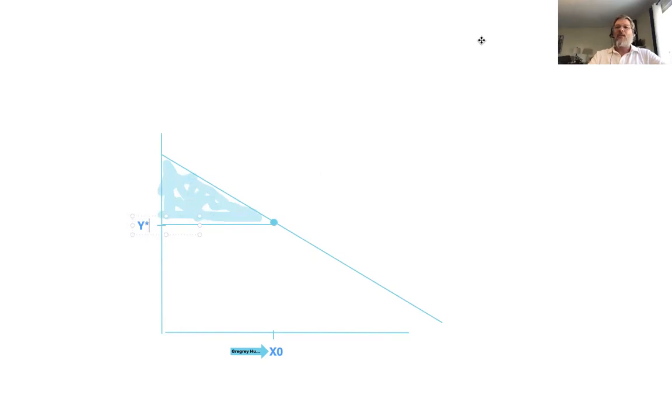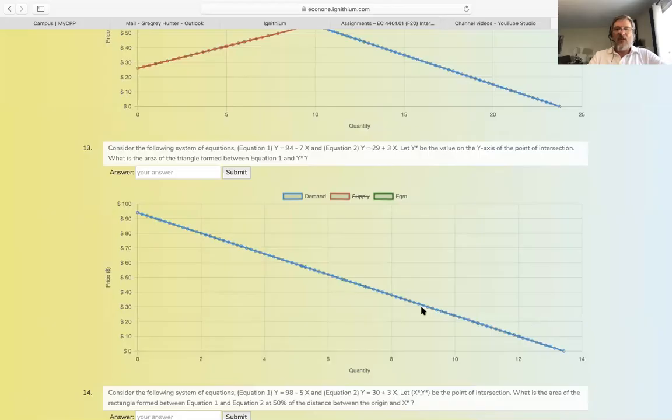Okay, so stop share screen. There. Okay. So they want the area of the triangle formed between that equation 1, we have that, and y star, right, which would be that y value over here from the equilibrium point, right?